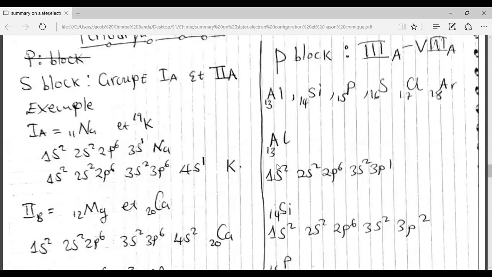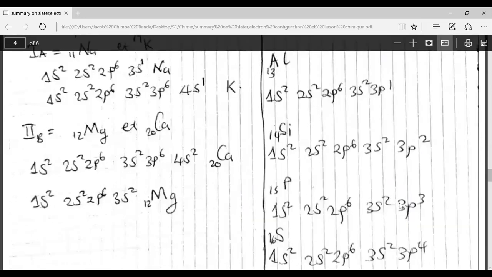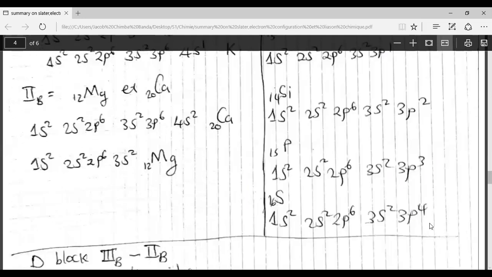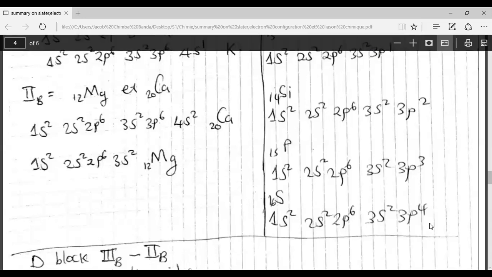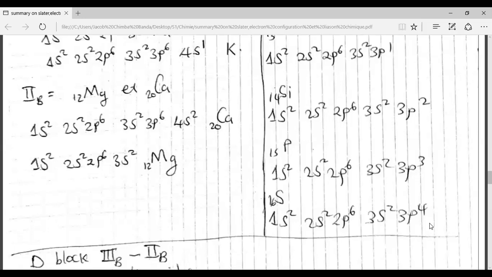For phosphorus, it ends in P3, and sulfur, it ends in what? P4. So when I say P block, it is not confusing. I just mean that when you write this electron configuration, it is supposed to end in what? Supposed to end in P.